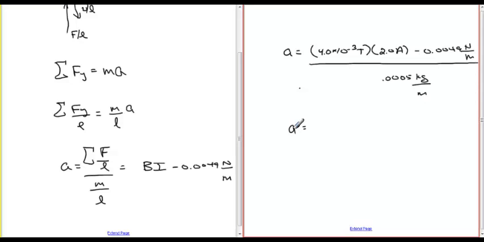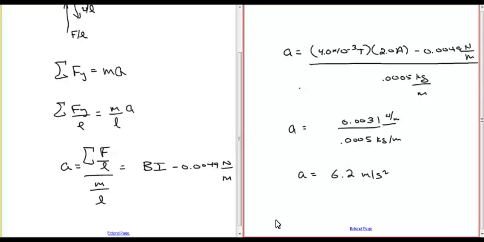Okay, so the numerator ends up being 0.0031, which is the net force per unit length, which is upward, which is good. This is newtons per meter divided by kilograms per meter. So I get an acceleration of 6.2 meters per second squared.